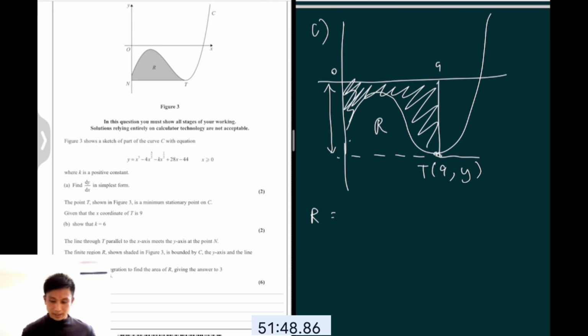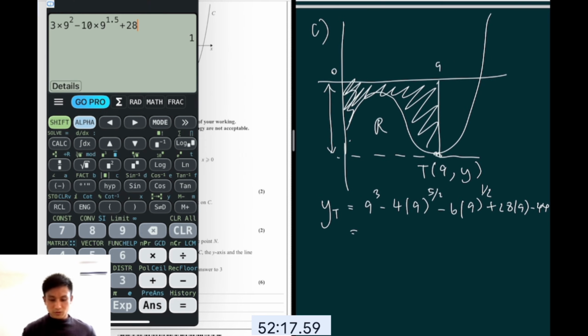So we need to plug 9 into the original function. y at T would be equal to 9 cubed minus 4 times 9 to the power of 5 over 2 minus, k was 6 there, 6 times 9 to the power of 1 half. Wait, am I missing a term? No. That was confusing. Plus 28 times 9 minus 44.